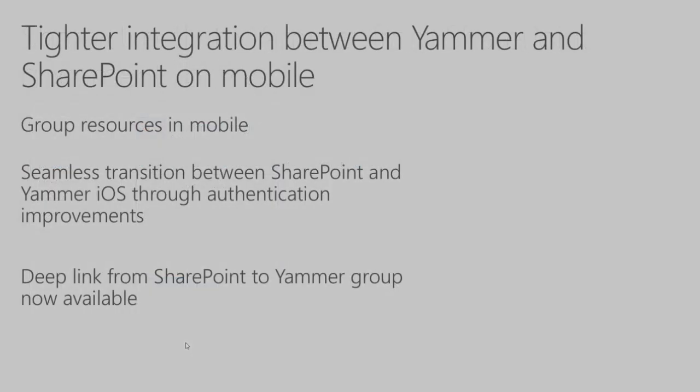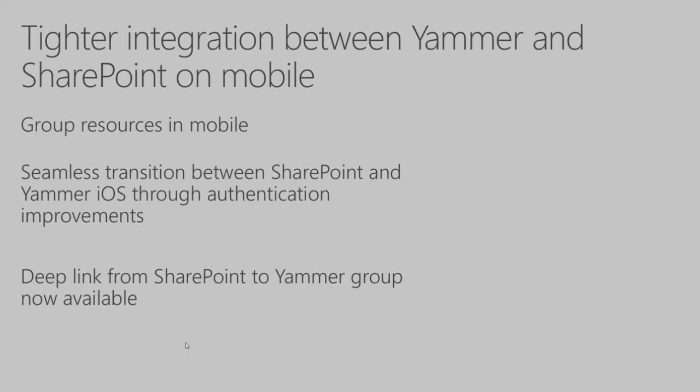So I think you saw Adrian had mentioned we're bringing the group resources from SharePoint to our Yammer mobile apps. We're working on seamless transitions between Yammer and the iOS apps through authentication improvements. So right now, you click on a SharePoint document in Yammer, you might end up going to a web view that asks you to authenticate.